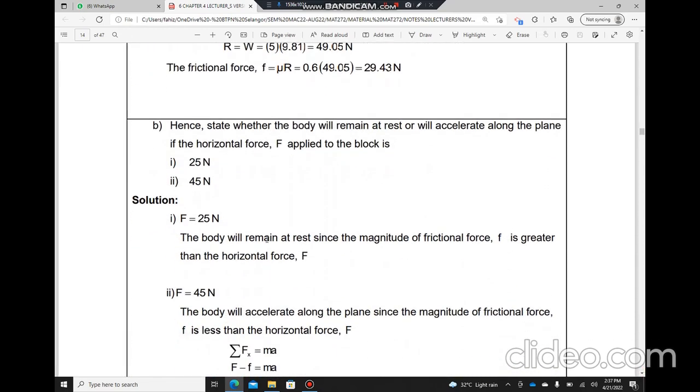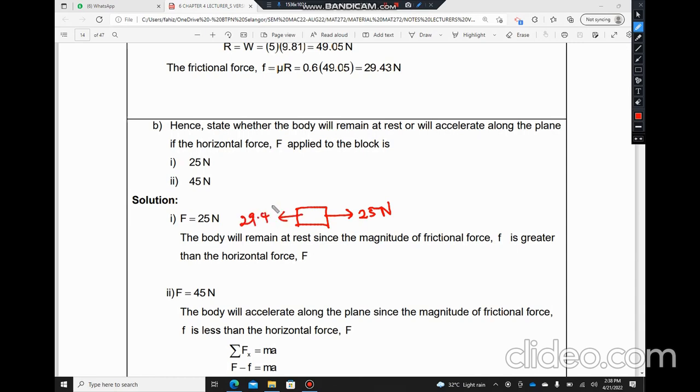Kalau F equals to 25, the body will remain at rest since the magnitude of frictional force F is greater than the horizontal force. Okay, so tadi kita dapat F ni, frictional force, which is 29. Okay, bila kita dapat 29, so kalau F dia 25, maksudnya kat sini macam ni lah. Kalau case yang pertama ni, F kita 25, and then friction kita 29.43.